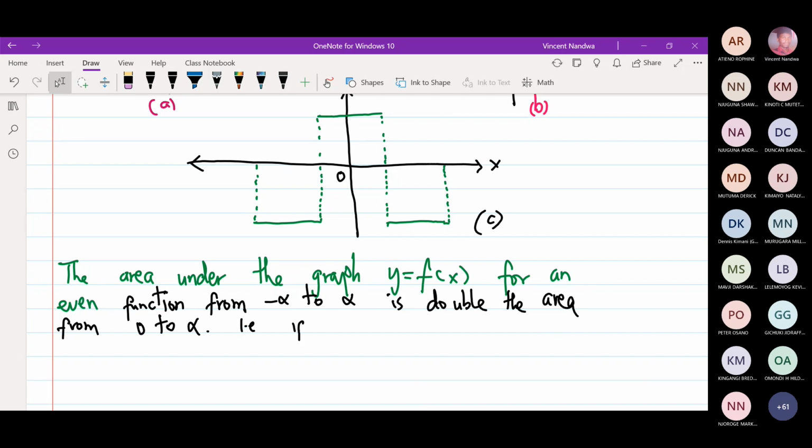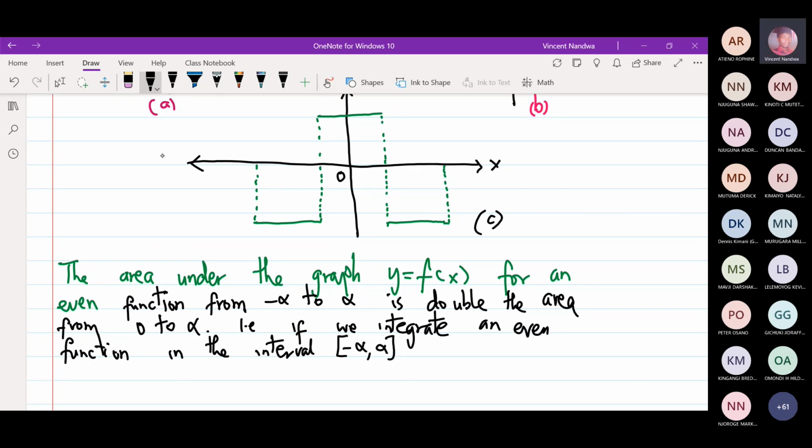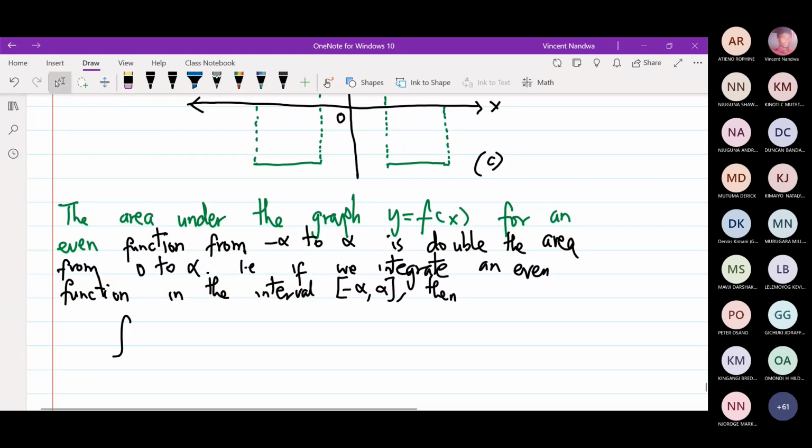So we are saying that if we integrate an even function in the interval minus alpha to alpha, then the integral from minus alpha to alpha of f of x dx is twice the integral from 0 to alpha of f of x dx.